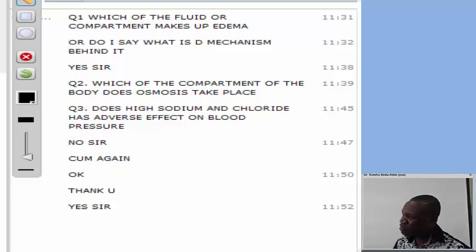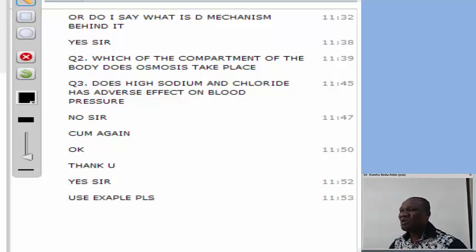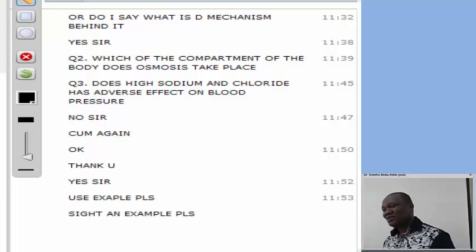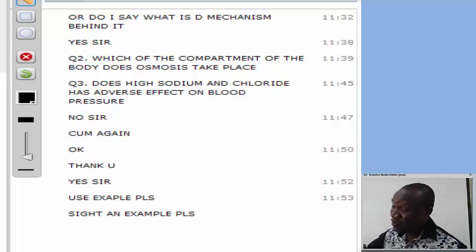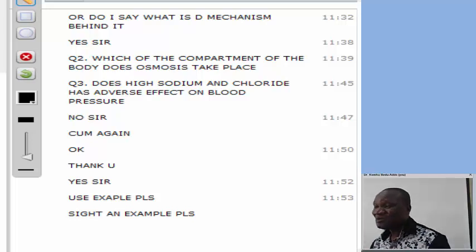So if sodium is being absorbed, water will follow. And when water follows, the blood volume will increase, and that will lead to high blood pressure.